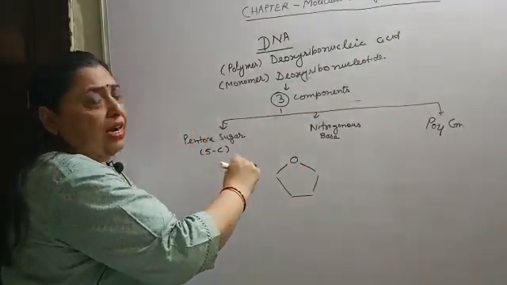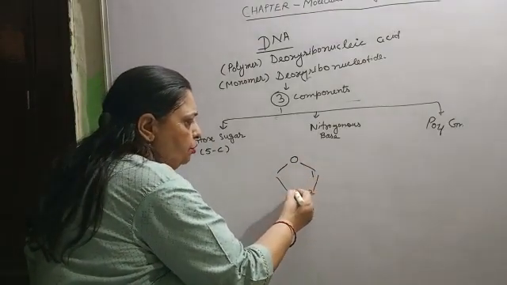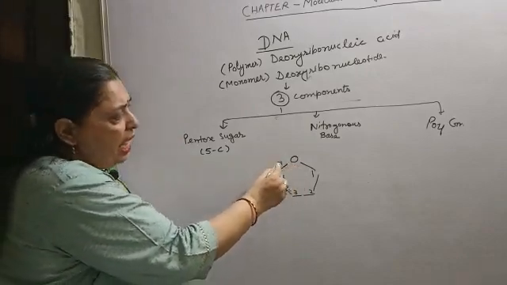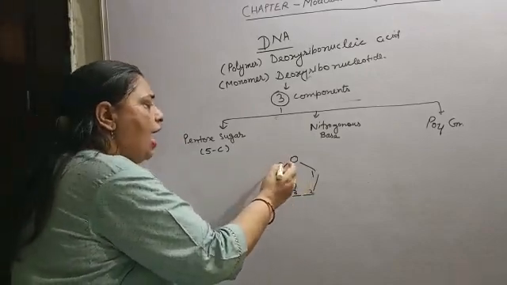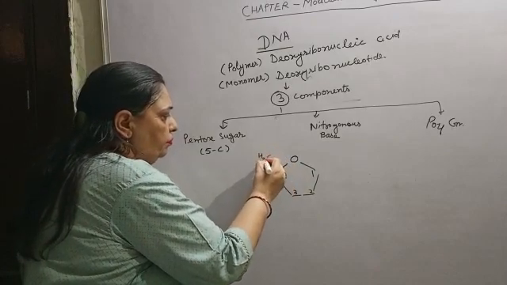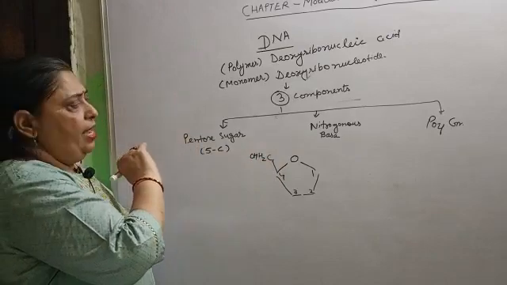We will start numbering from left to right. This is 1, 2, 3 and 4. These 4 carbons are in the ring, and the 5th carbon is here.